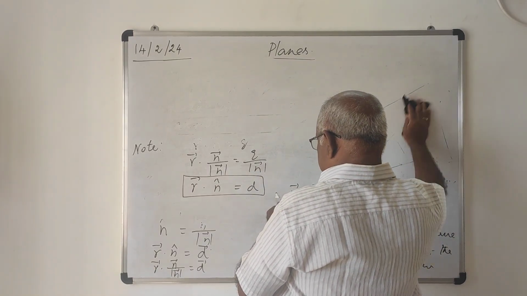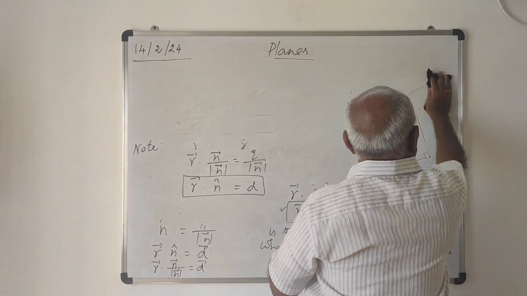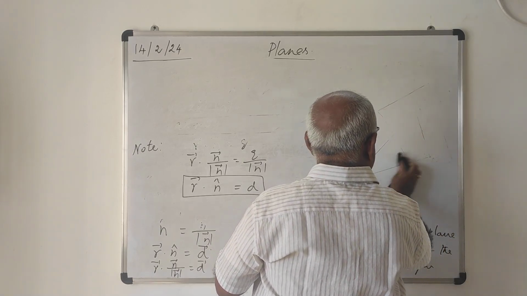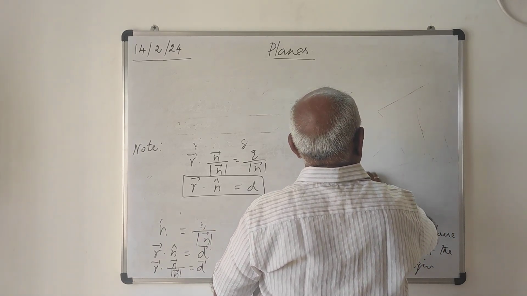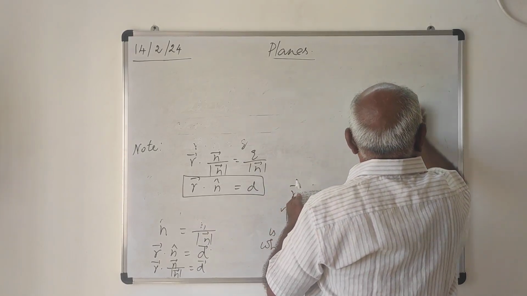And its normal vector from the origin is n vector, given by 2i minus 3j plus 4k.